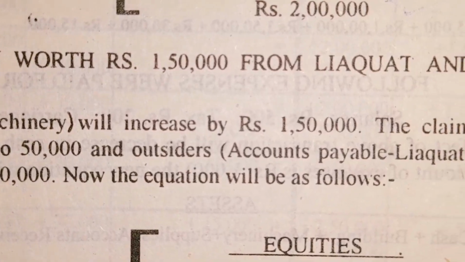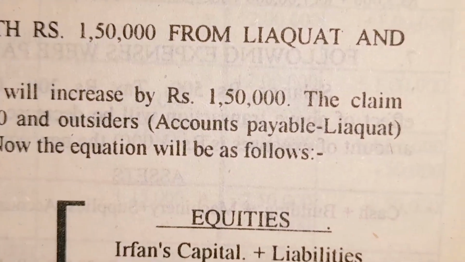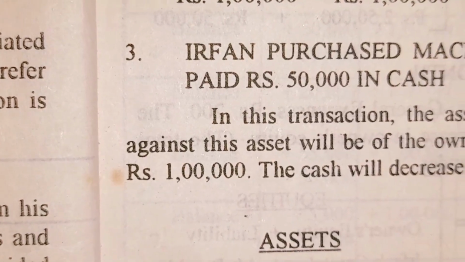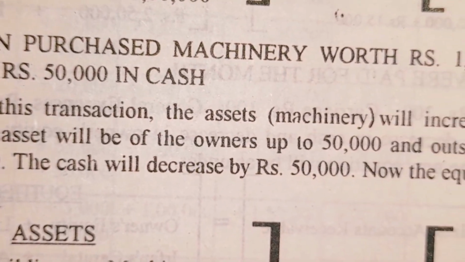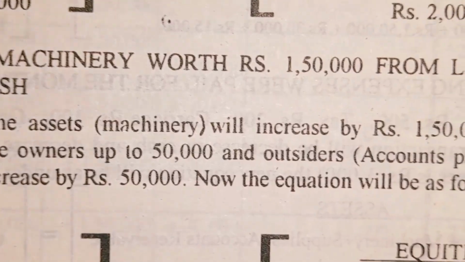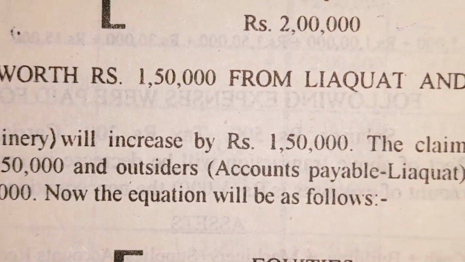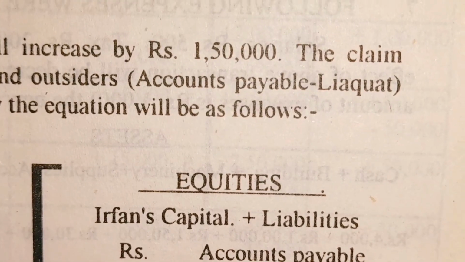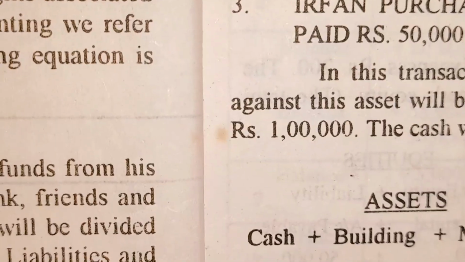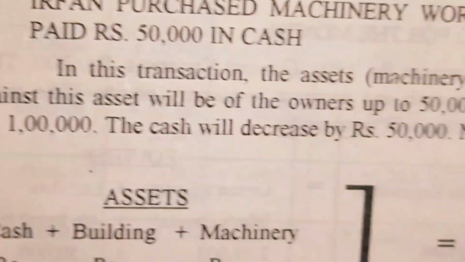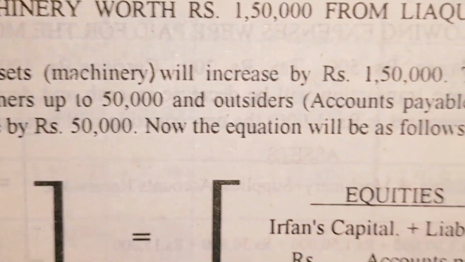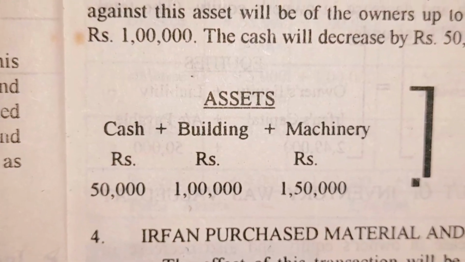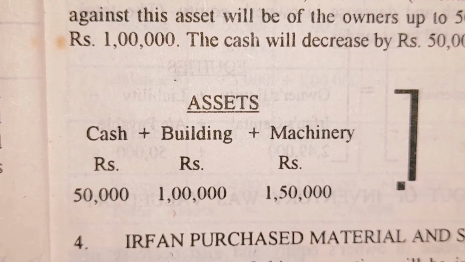Irfan purchased machinery worth rupees 1,50,000 from Liaquat and paid rupees 50,000 in cash. In this transaction, the assets, machinery, will increase by rupees 1,50,000. The claim against this asset will be of the owners up to 50,000 and outsiders' accounts payable, Liaquat, rupees 1 lakh.